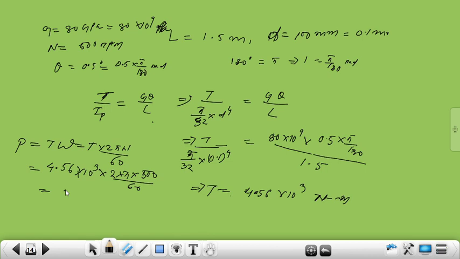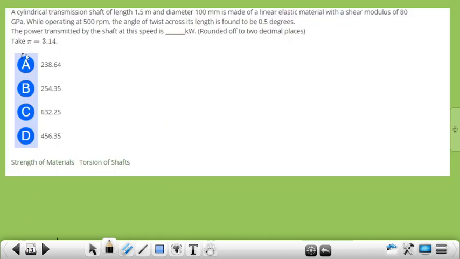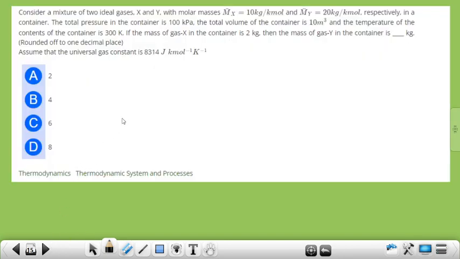So after calculating we get power 238.6 kilowatt. Option A is correct.